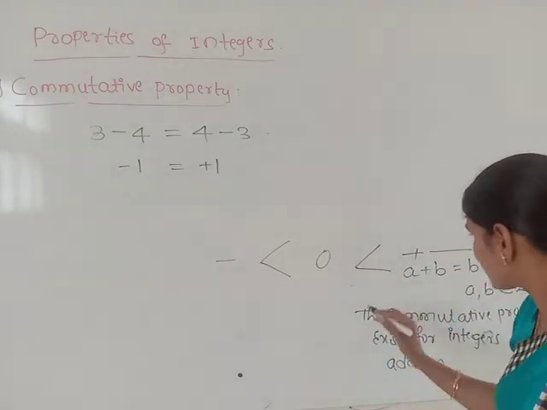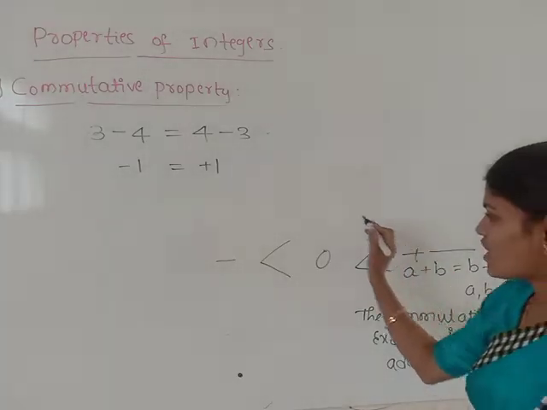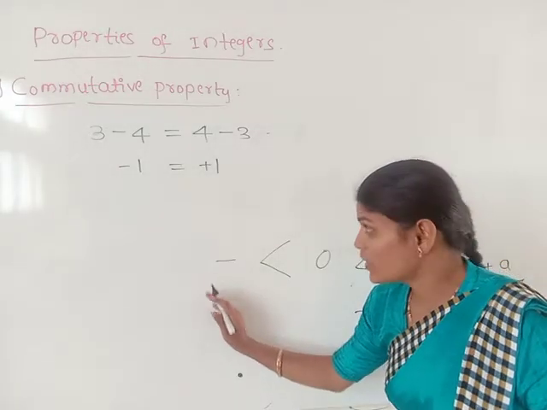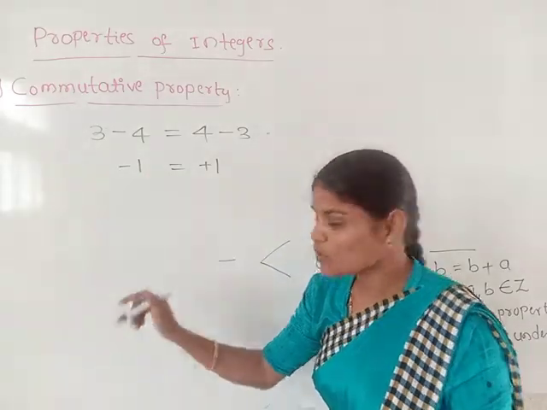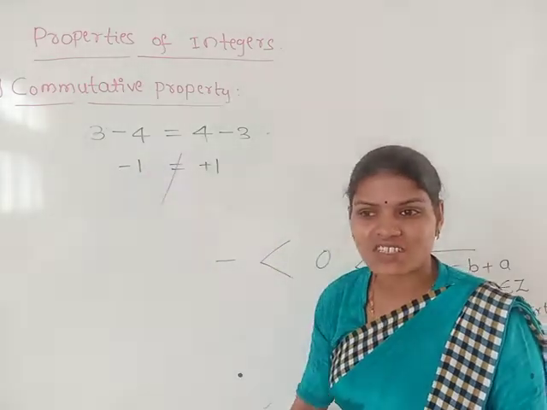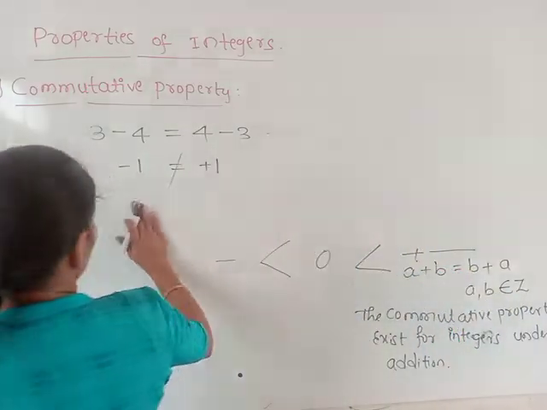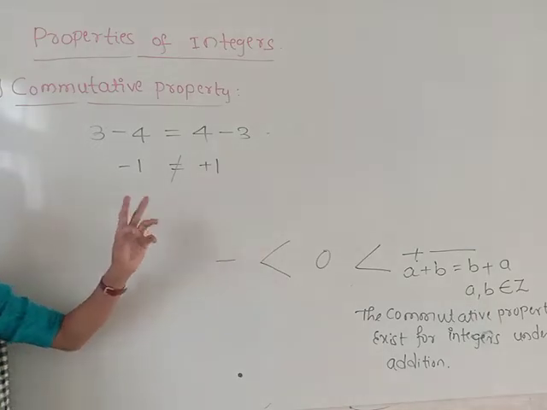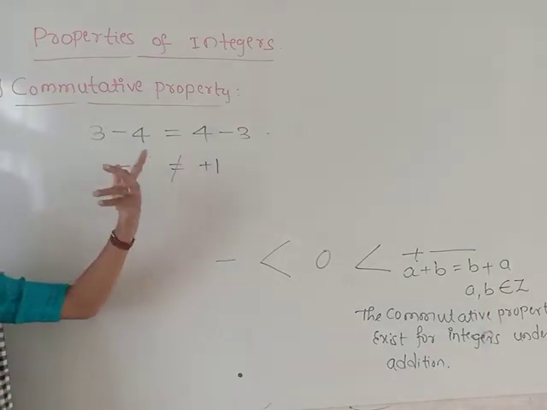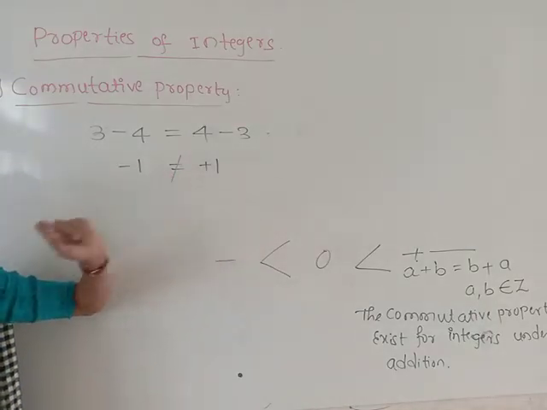Obviously all the positive numbers are more than the negative numbers. So minus 1 is not equal to plus 1. Here the differences are different. If you change the order, the differences are different.